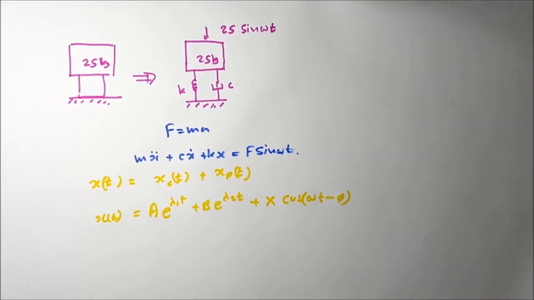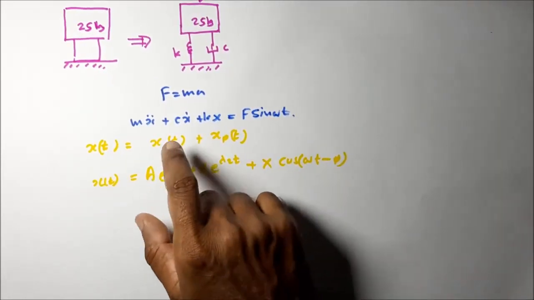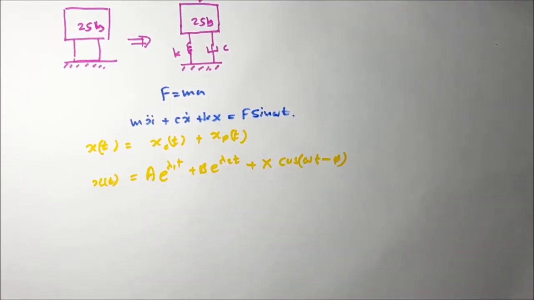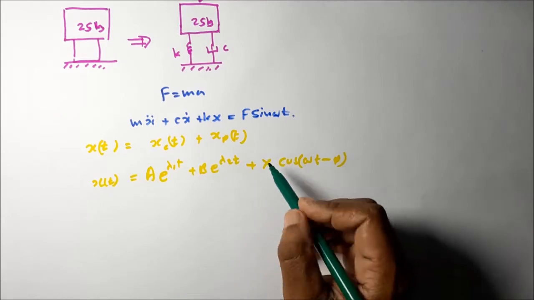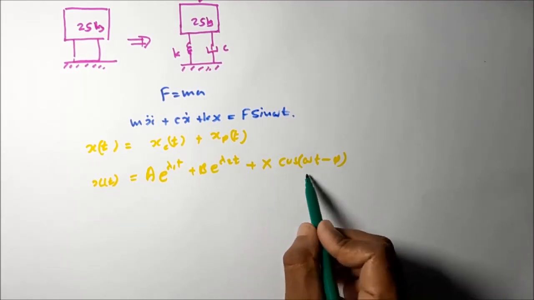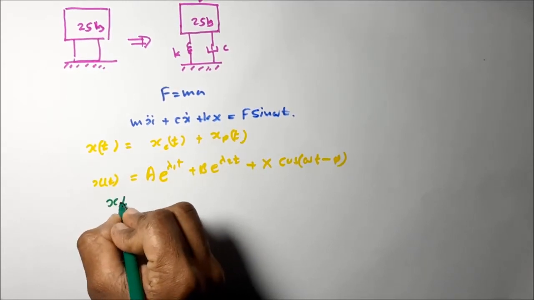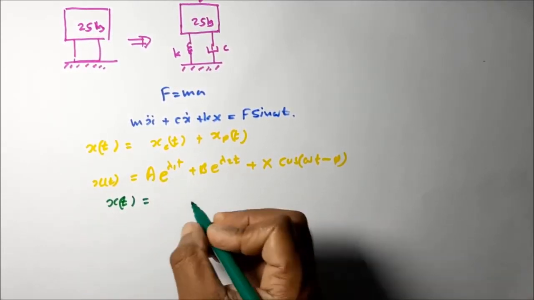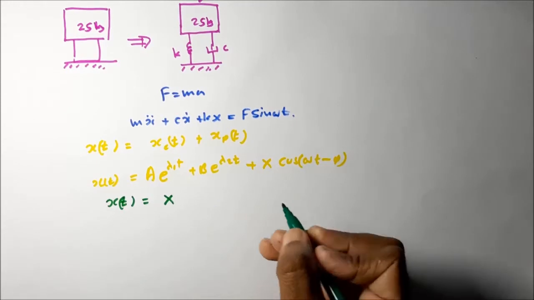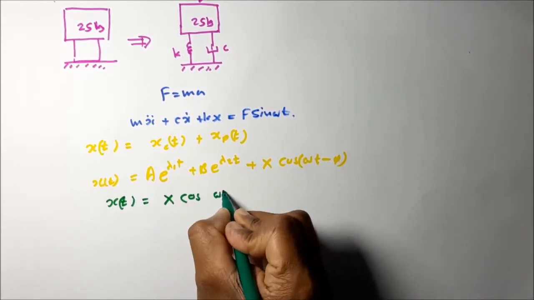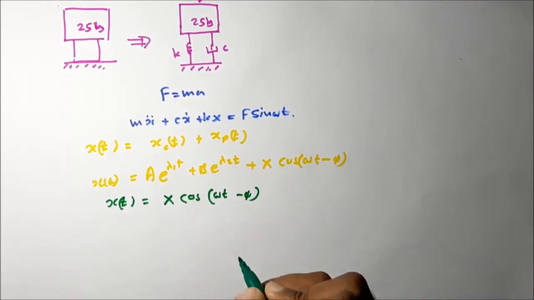When discussing the theory we found that the complementary function part is damped out in a few moments after the vibration starts. So only the particular integral term remains, since we are interested in the steady state vibration of the system. So X cos(omega t minus phi) is the equation representing the vibration of this system.